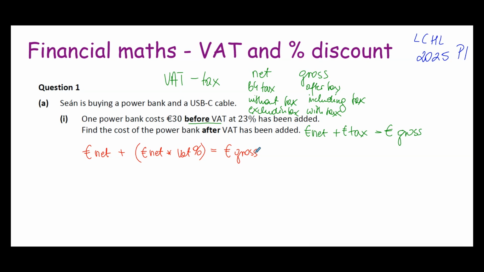Another way to look at it is that the net value is my 100%, the VAT value is the VAT rate percent, because it can be different, not always 23, and then the gross value is 100% plus the VAT percent. Depending on how your question is formed, that will be the easiest way to look at it.